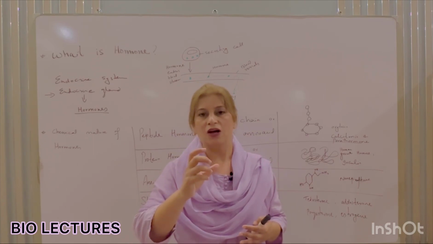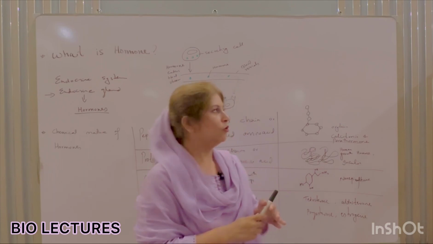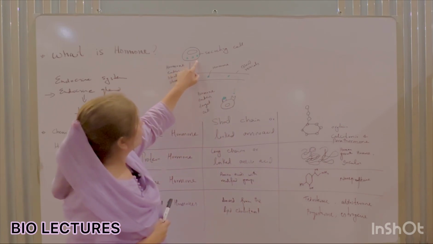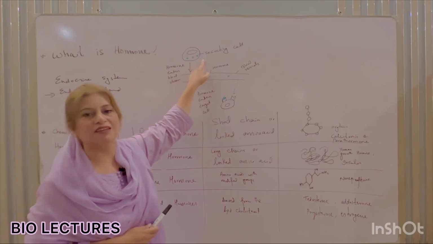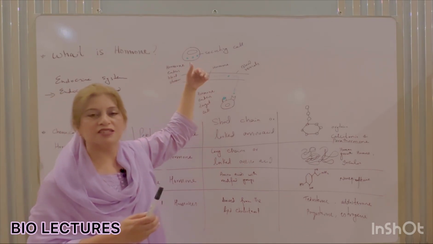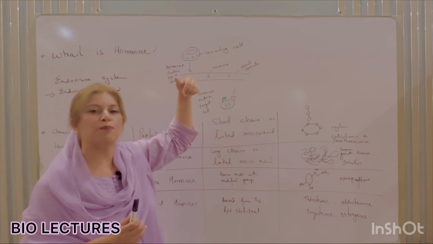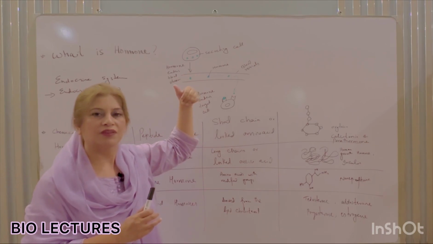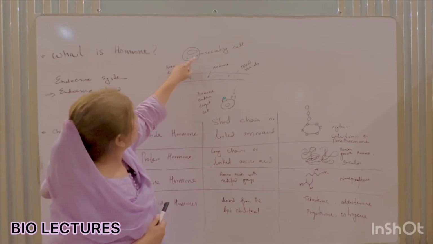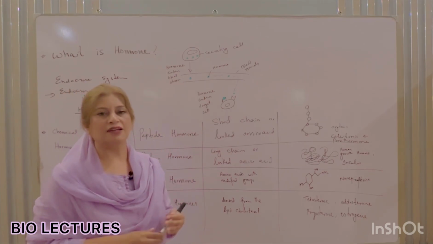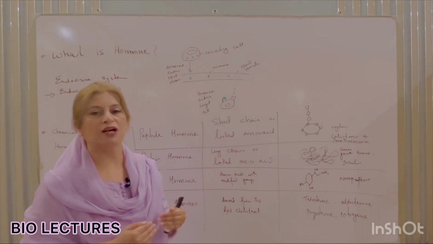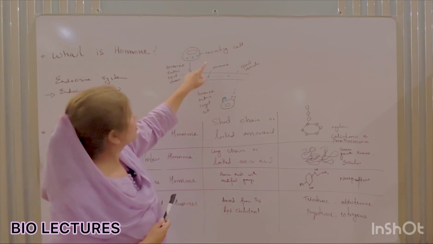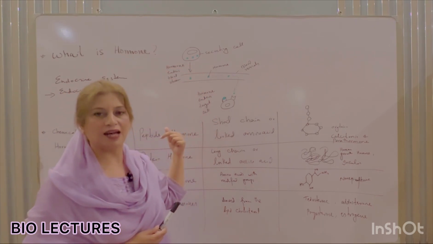Look here, we are showing it with the help of a secreting cell. A secreting cell means a cell which is part of a gland, and the green color here shows the hormones which are secreted by this secreting cell.